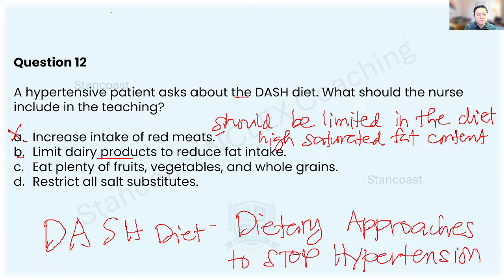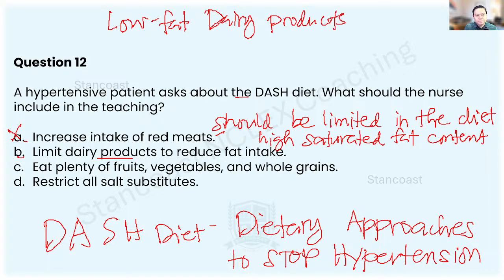Okay? There should be low-fat dairy products. Okay? Because if there's that, this will also reduce the high blood pressure.